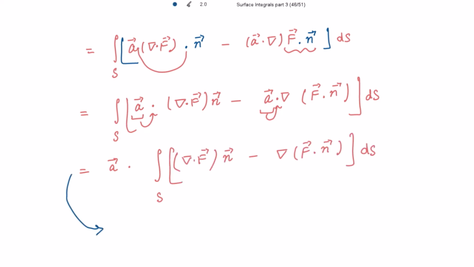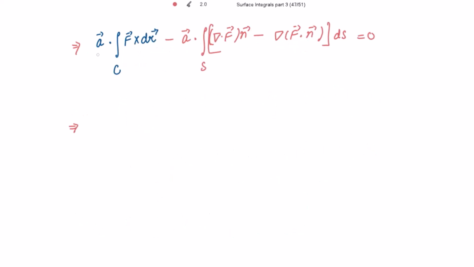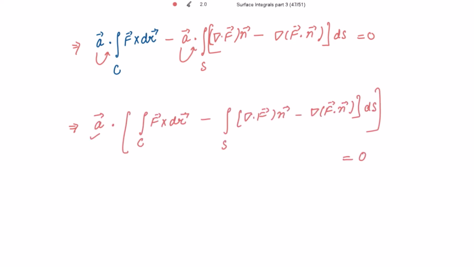What is on the left hand side? It is a vector dot product with the line integral of cross product of f vector with dr vector. And now let's take this complete right hand side to this left hand side. In the next step, I'm taking this a vector common from these two integrals with its dot product. Because a vector is a constant vector, it is arbitrary, and it is having its dot product with these two terms in the bracket.